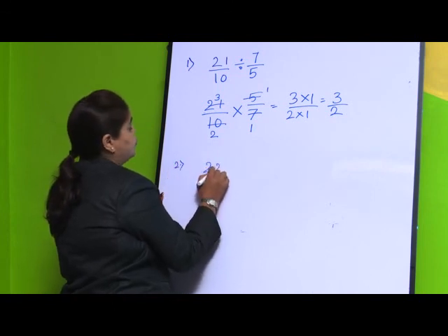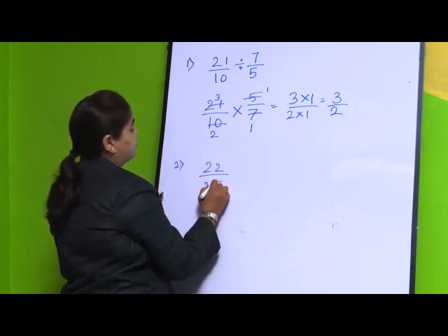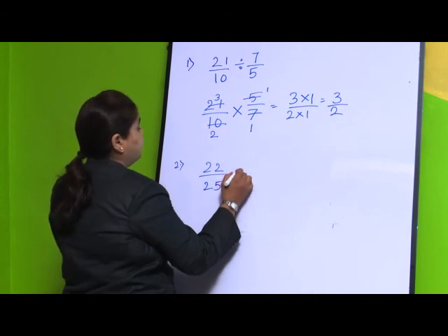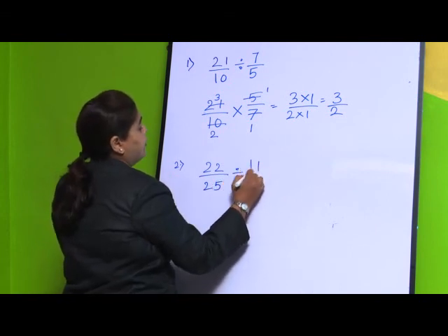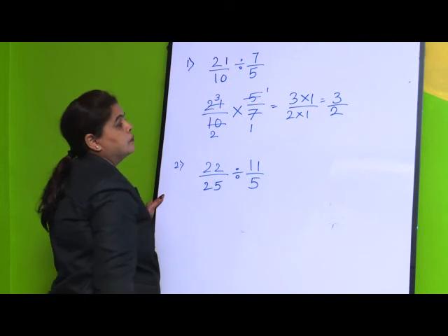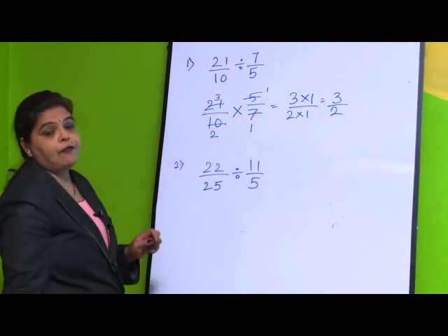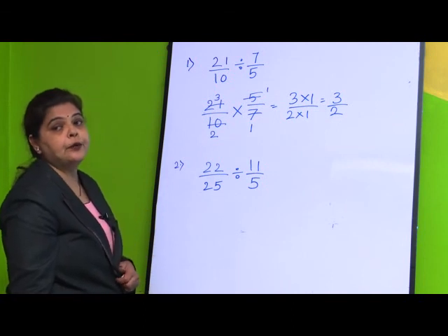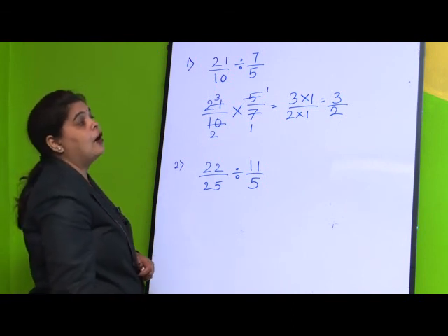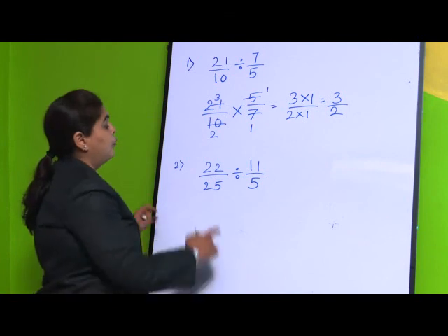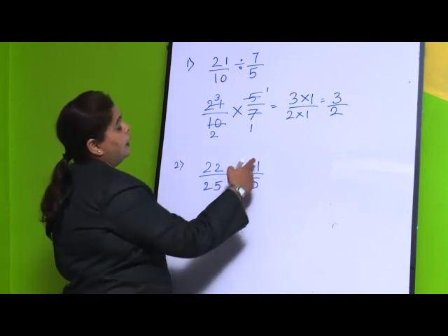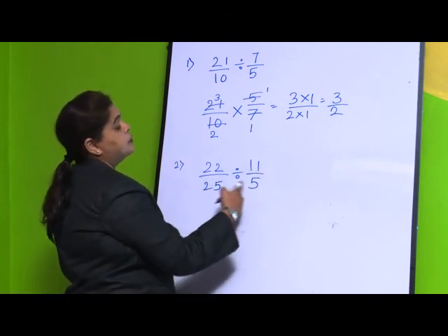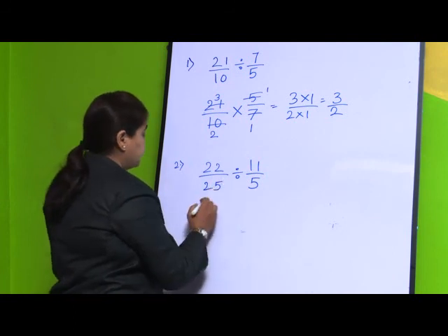That is 22 upon 25 divided by 11 upon 5. Write it the same way: don't write both numerators together and then the upon sign or the denominators. One fraction, then division, and another fraction. In between these two fractions there should be a division sign.